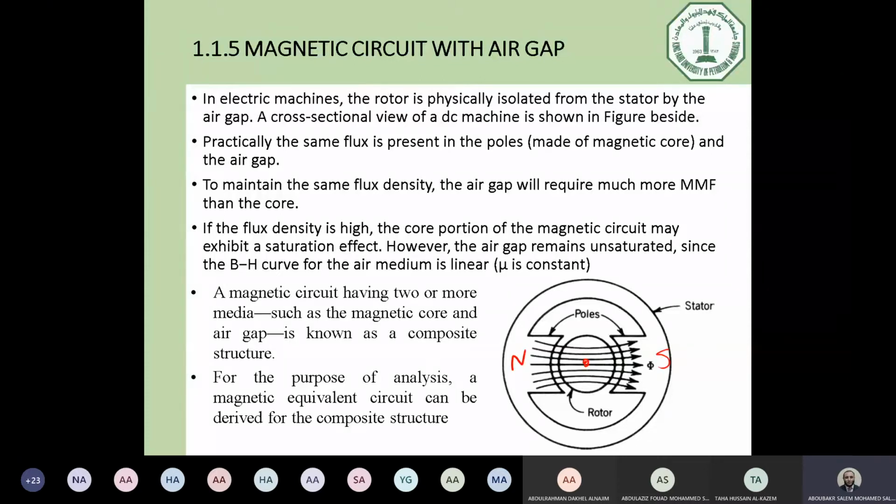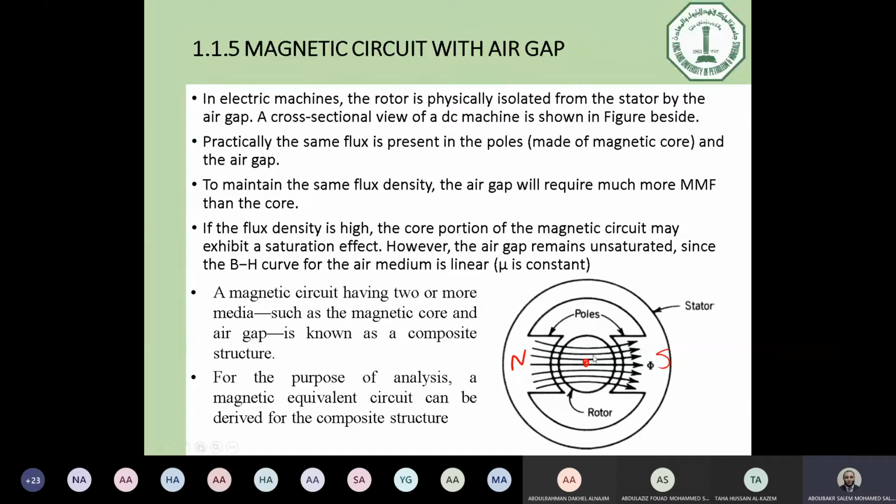We can see here that we have a cross-section of a machine which consists of one core called the stator, which is the part which is not moving in the machine, and another cylinder here in the center, which is the rotor, and this rotor is fixed on something called the shaft, and this shaft is rotating inside the stator core. This is the electromagnetic device structure.